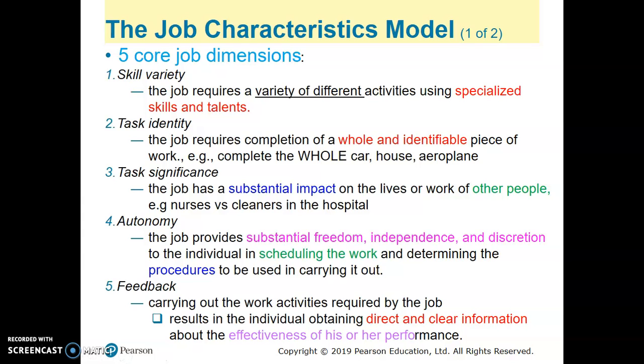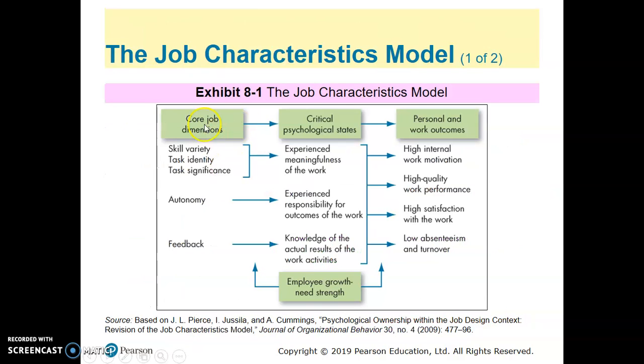If they perform effectively, they will receive, for example, a good evaluation from their managers or their boss. So that's the 5 core job dimensions. The first 3 core job dimensions can contribute to the feeling of meaningfulness at work.